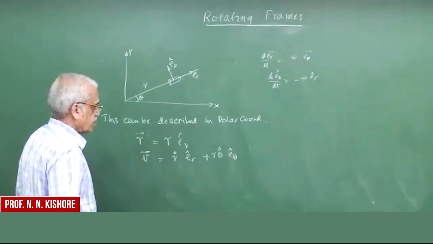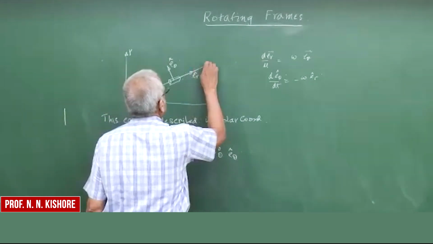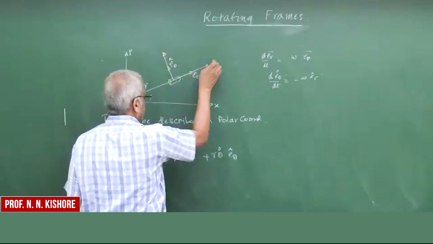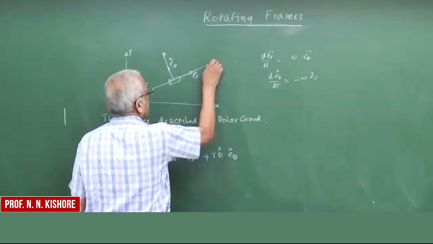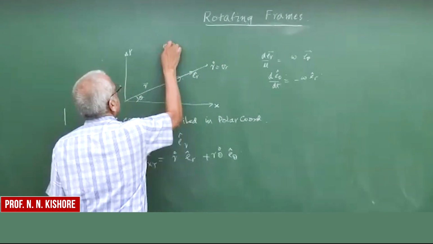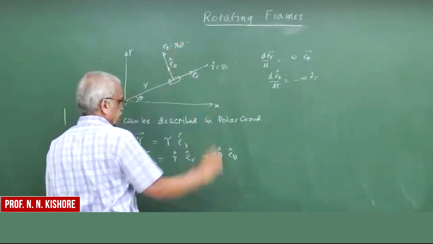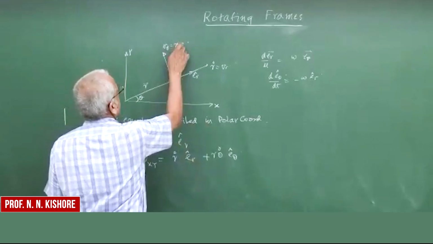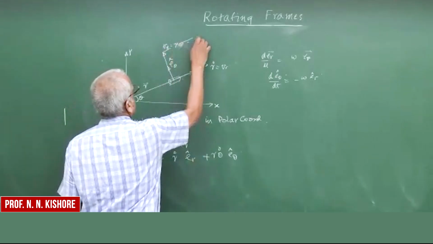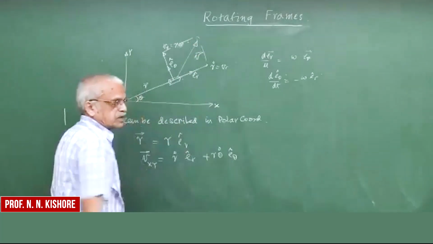So if you want to get the velocity in the XY frame, it has two components: R dot, which is the radial velocity, and R theta dot or R omega, the tangential part. Okay. So these two will give you the total velocity, right?